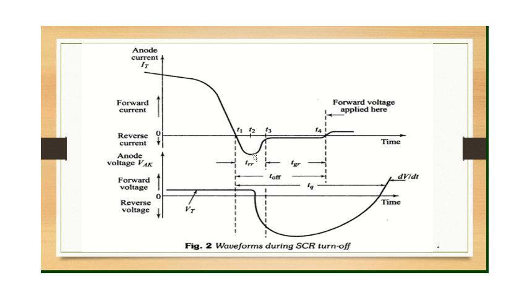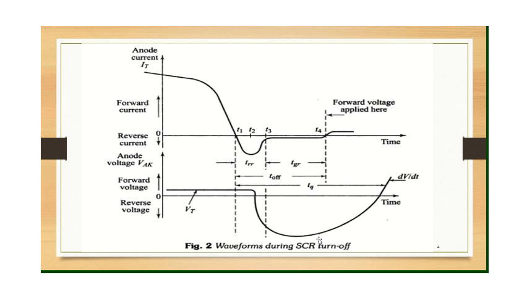That will cause the anode current to start rising, but still the device is not in a state to block the forward voltage. So what happens?